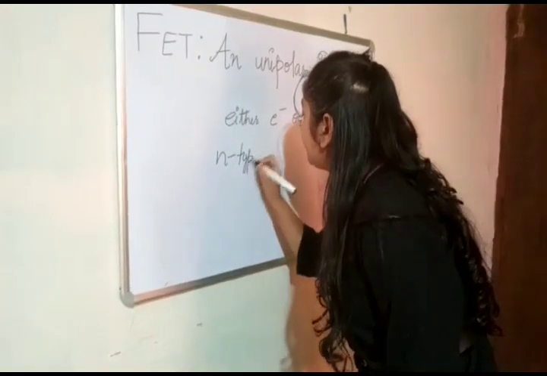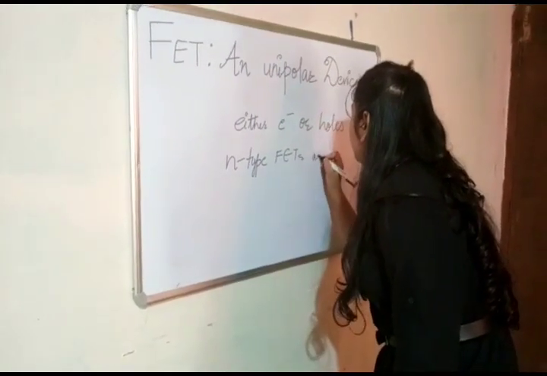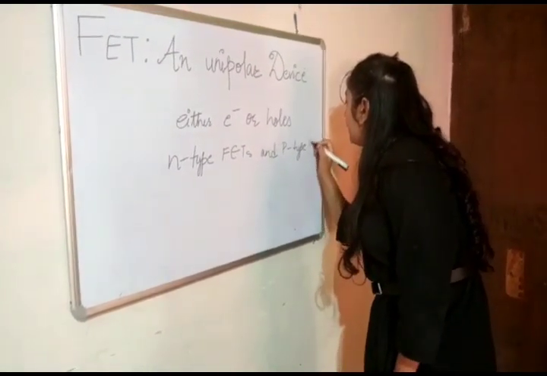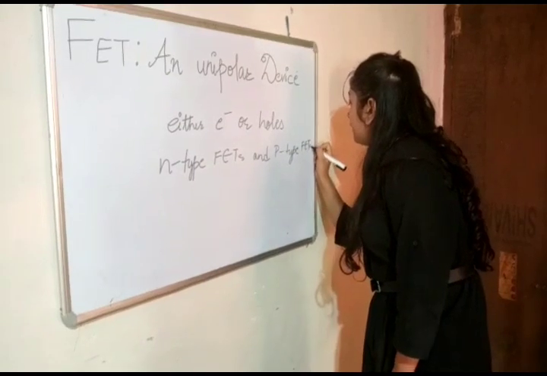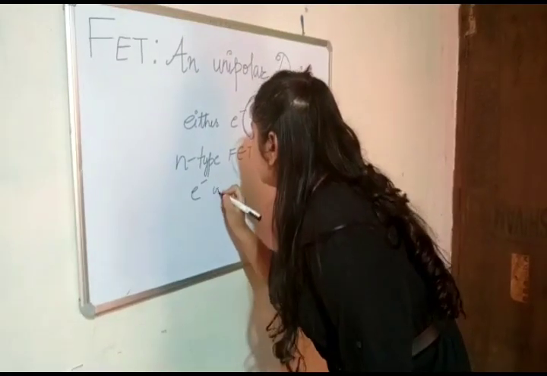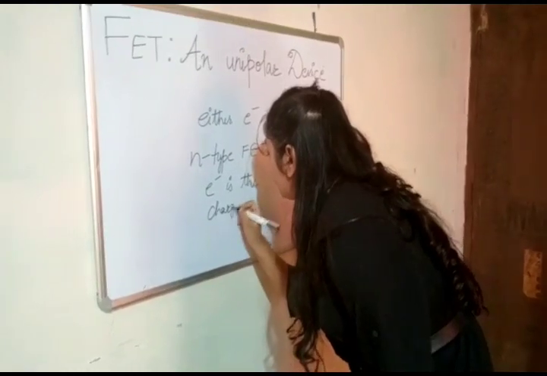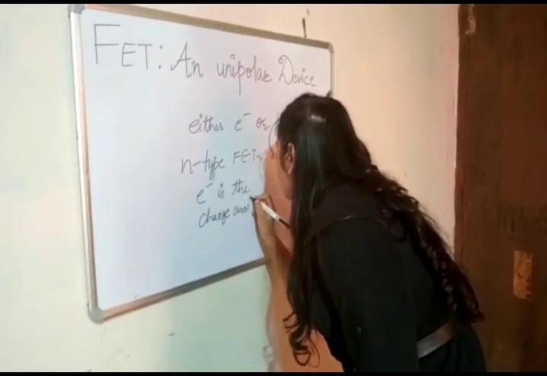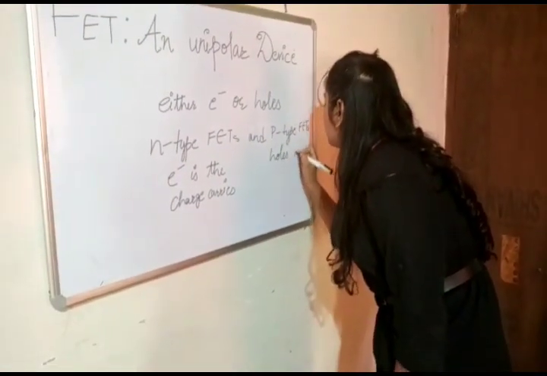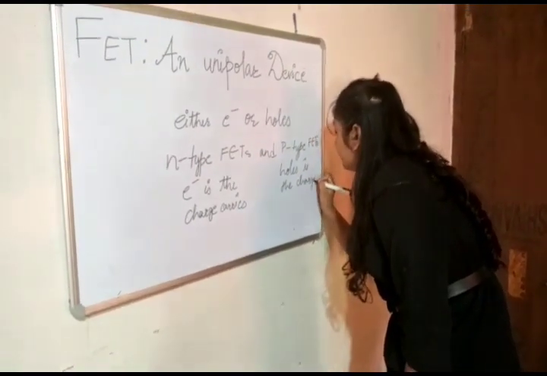N-type FETs and P-type FETs. In N-type FETs, electrons are the charge carriers and in P-type FETs, holes are the charge carriers.